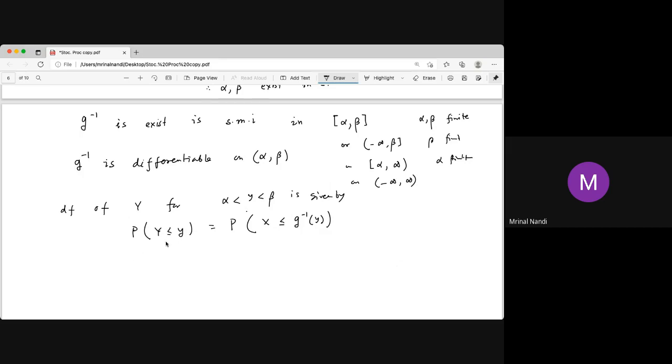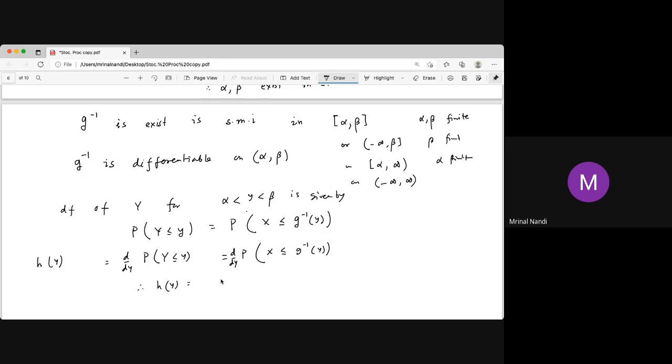Now how do you get the density function? You have to take the derivative, so you have to differentiate this with respect to y. Once you differentiate that quantity, you get the PDF of Y, that is h(y). Now how do you differentiate the right hand side? It is just the chain rule.